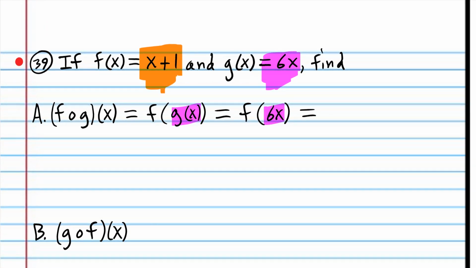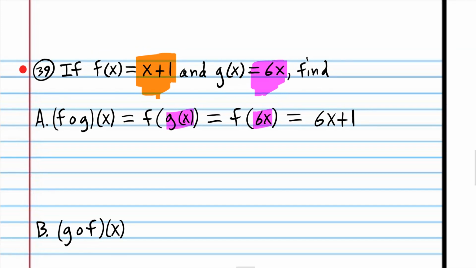So now f is x plus 1, right? F of x is x plus 1. So instead of using x as our input, it's actually going to be 6x. So instead of x plus 1, it's 6x plus 1.